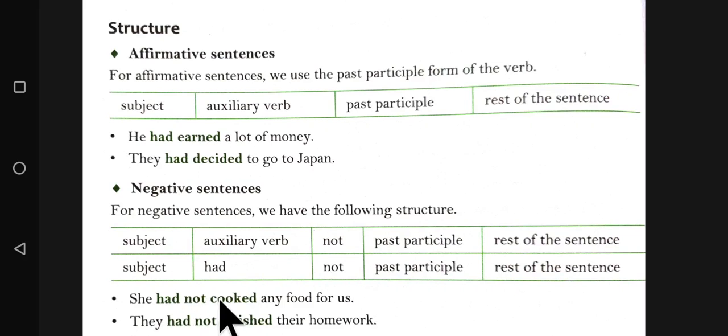Example is, she had not cooked any food for us. So she is subject, had is again auxiliary verb or helping verb, not we have to use because we are dealing with negative sentence. Cooked again is past participle form of the verb, and then any food for us, this is again rest of the sentence.